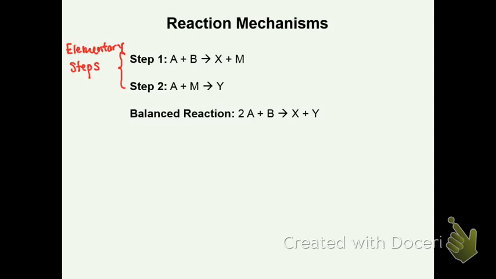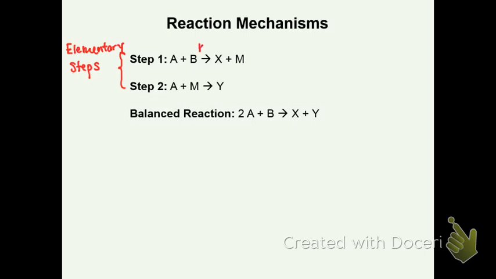When we're working with elementary steps, we're able to write a rate law directly from the stoichiometry of the reaction. The only reason that we can do this is because elementary steps always occur in a single step, and so we can determine the reaction order based solely on the stoichiometry.